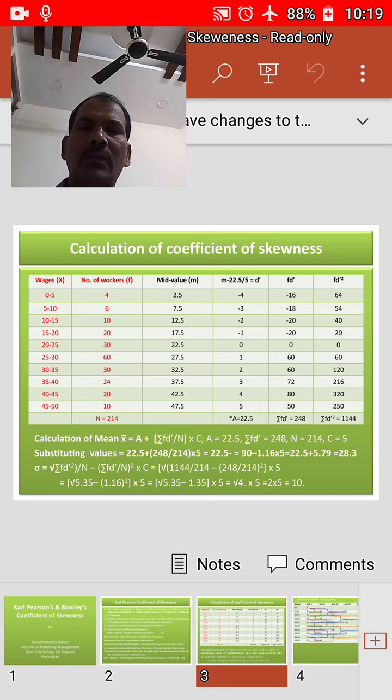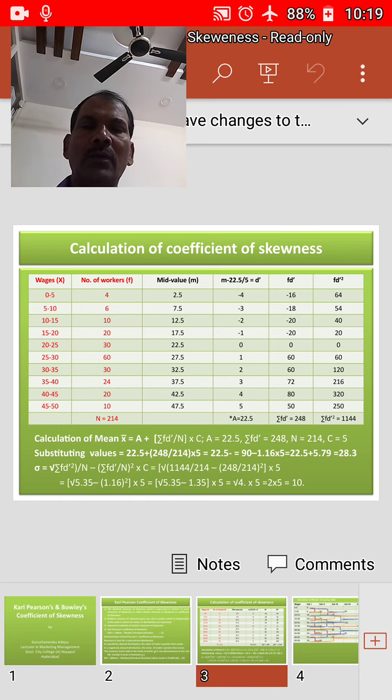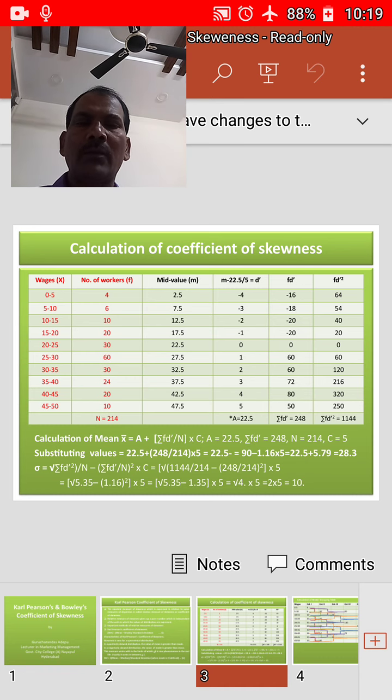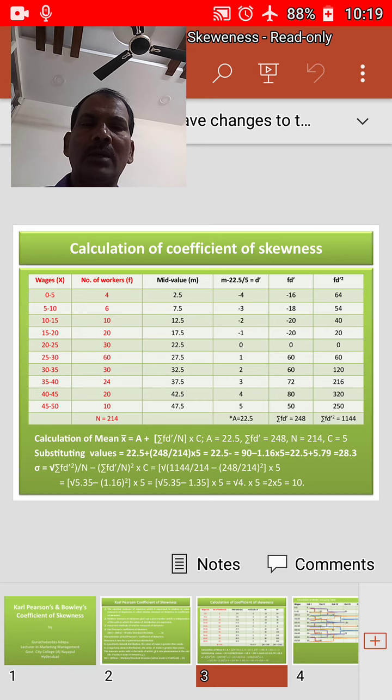16 into 4, 64. 9 into 6, 54. 4 into 10, 40. 1 into 20, 20. 0 into 30, 0. 1 into 60, 60. 4 into 30, 120. 9 into 24, 216. 16 into 20, 320.